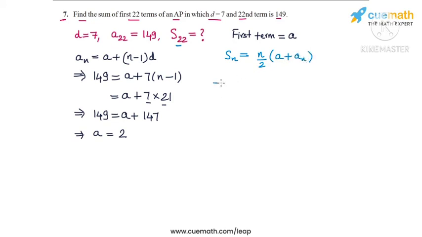And this means that S22 will be equal to 22 by 2 into a plus the 22nd term. So a is 2, the 22nd term is 149, so 2 plus 149.